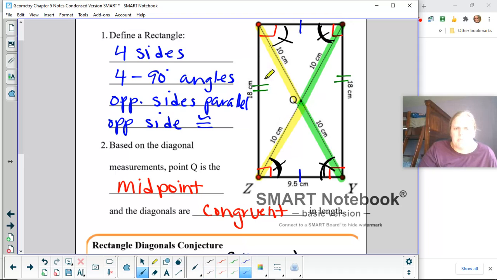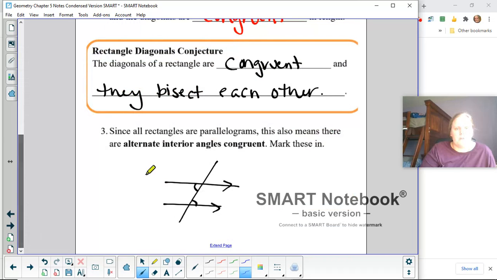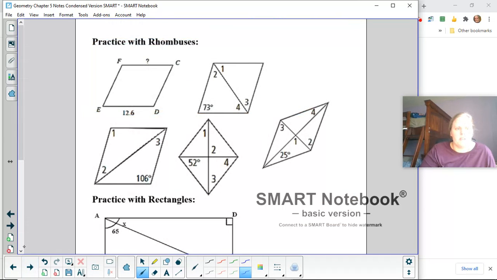All right, now I can do the same thing if I were to flip it around and look at the other parallel sides, the 18s. Here I have another alternate interior angle set that is congruent. And again, because we have isosceles triangles, these two base angles will also be the same. All right, so we marked in the alternate interior angles that are congruent.